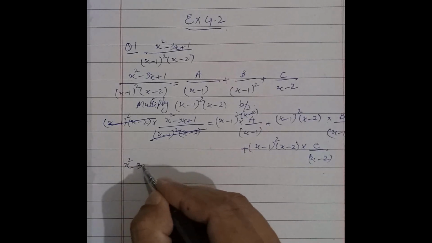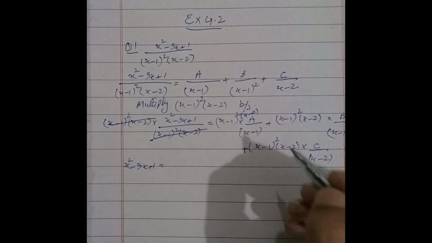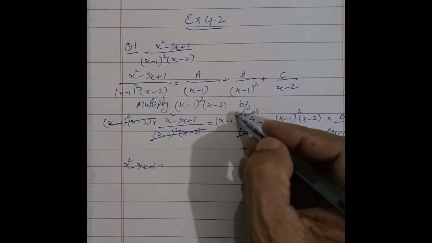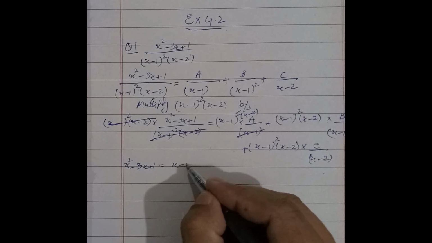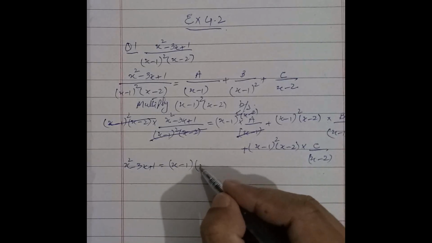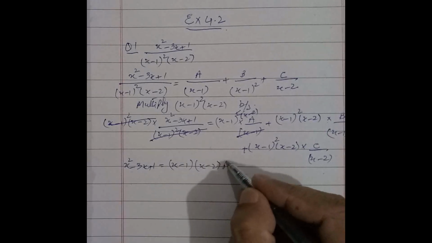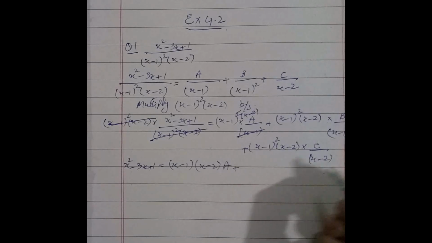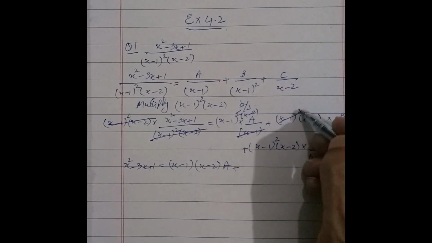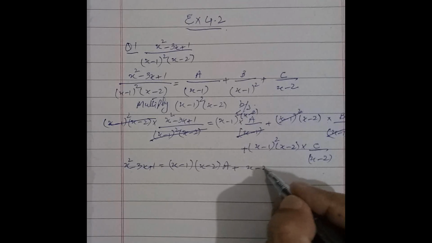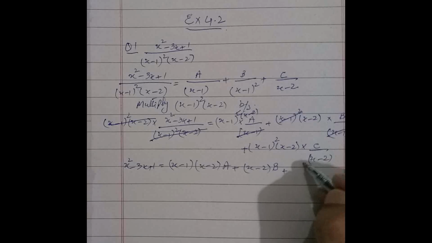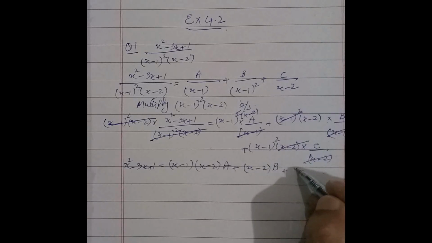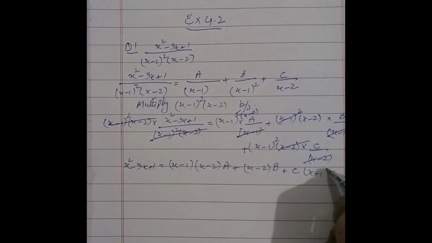x square minus 3x plus 1 is equal to x minus 1 into x minus 2 into a plus x minus 2 into b plus c into x minus 1 whole square.